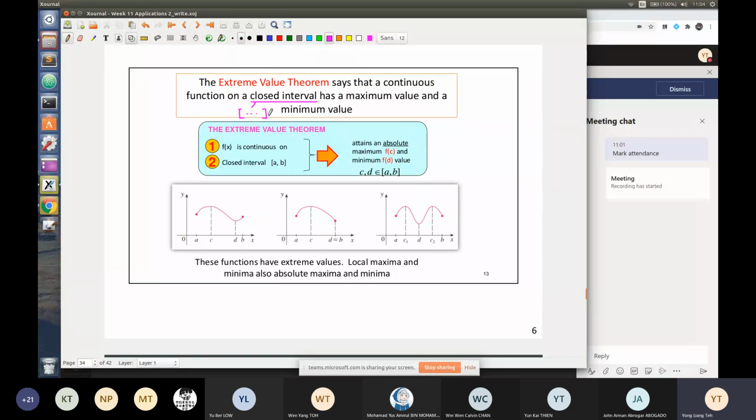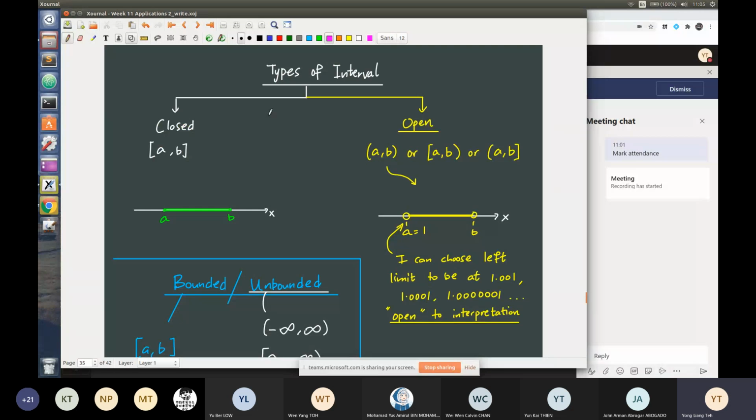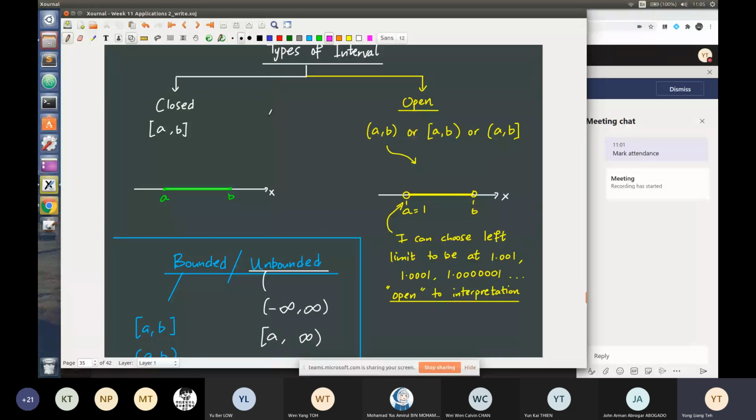You cannot have round brackets. When it's closed, it includes the well-defined value at the two limits here.